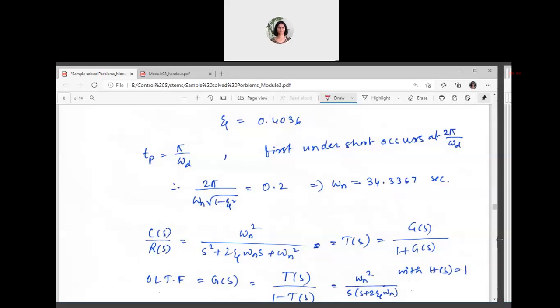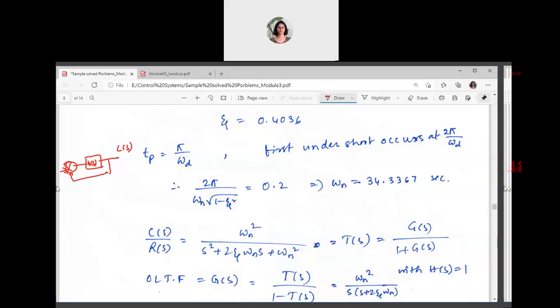Now how do I get the open loop transfer function? To obtain it, I have G of s, and H of s is unity. So C of s by R of s, that is T of s, is given as this. Then how do I obtain G of s?